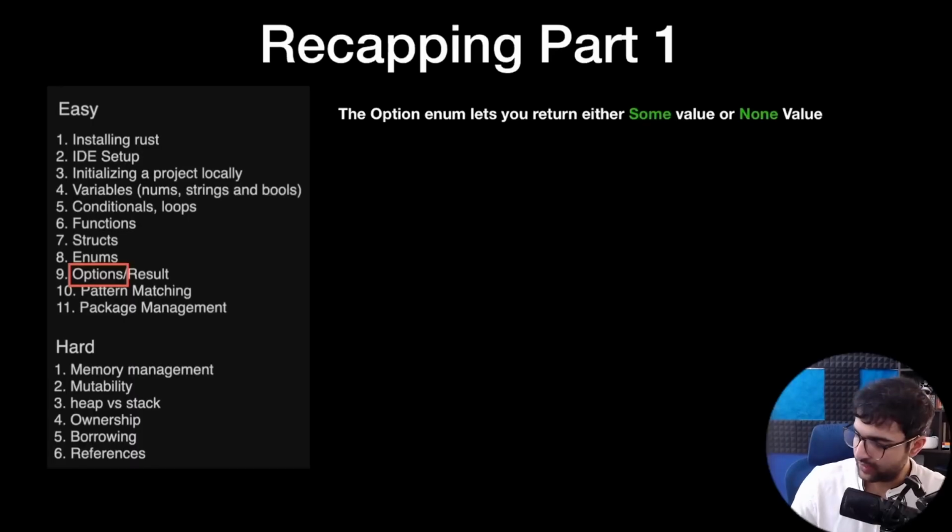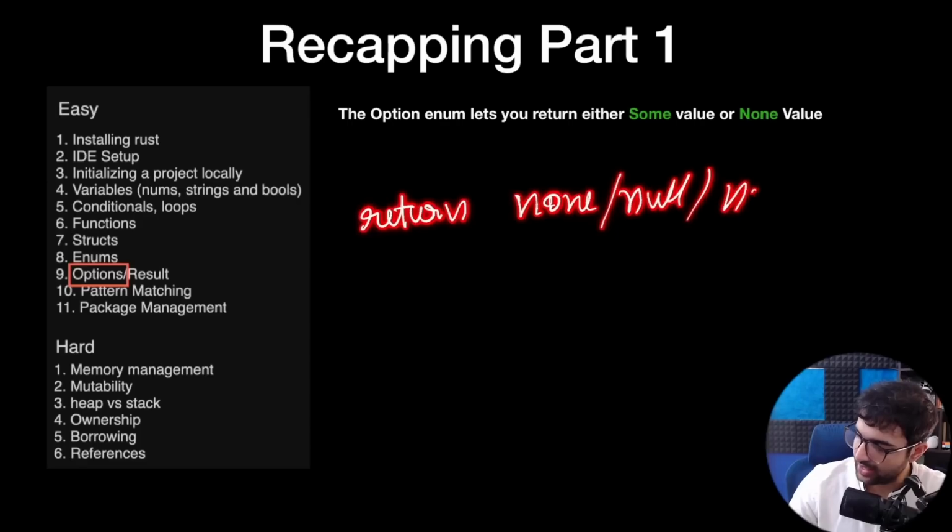Let's get into the very first enum for today, the option enum. This is something that the Rust library provides you. And what does this let you do? It lets you return none or null or nil values from a function.